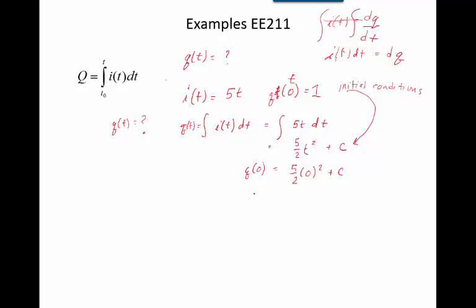We know q at time 0 equals 1. 1 equals 0 plus the constant of integration. So my constant of integration is 1. Therefore, finally, q as a function of time equals 5 over 2 t squared plus 1. So there's your final answer in coulombs if I was given amps.